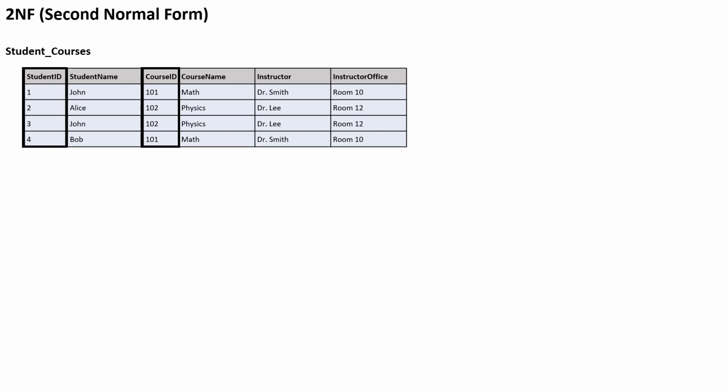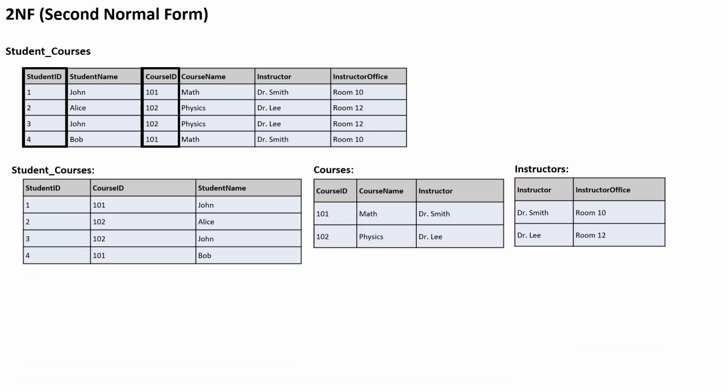The only issue here is instructor office, because it's not dependent on student ID plus course ID, it's dependent on instructor. To solve that problem, we simply break the table into three different tables: student courses, courses, and instructor, wherein instructor office is now dependent on instructor, and the remaining two, student courses and courses, are still dependent on their individual primary key.